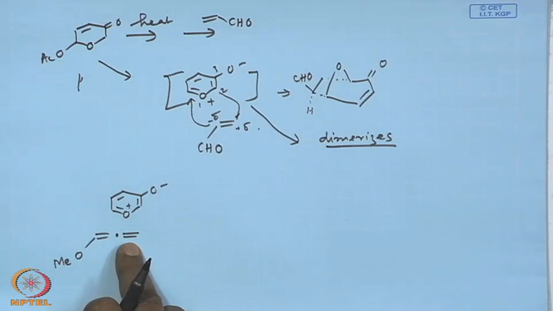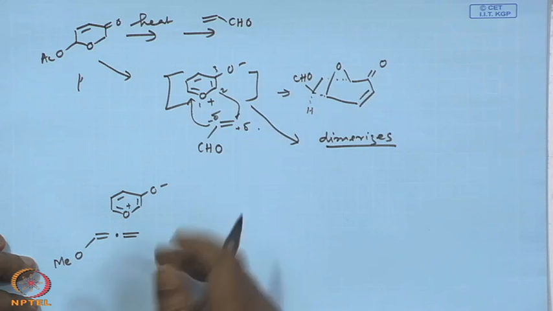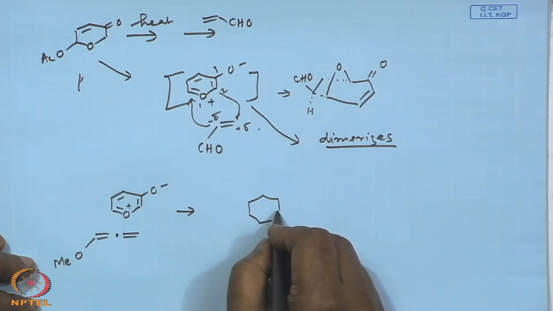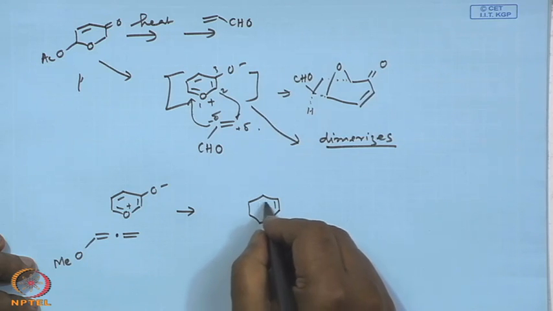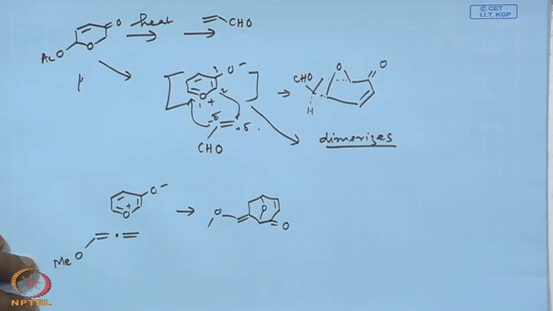Now how to decide? Since I know the result, it is easier to say, but in this case only the one that is less hindered participates. I think this is how it is easier to remember. The plain, unsubstituted part of this alkene system would participate in the reaction and eventually give you a product of this kind.